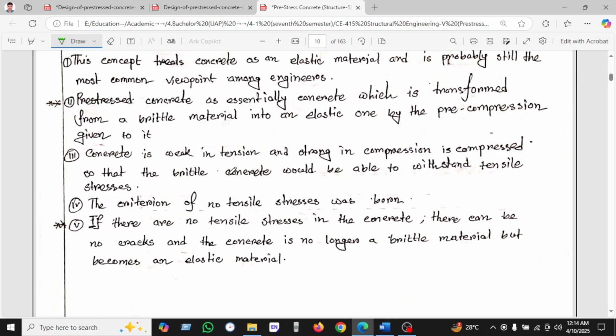Concrete is weak in tension and strong in compression, so that the brittle concrete would be able to withstand the tensile stress. And so the criterion of no tensile stress was born. If there is no tensile stress in concrete, there can be no crack, and the concrete is no longer a brittle material but becomes an elastic material.